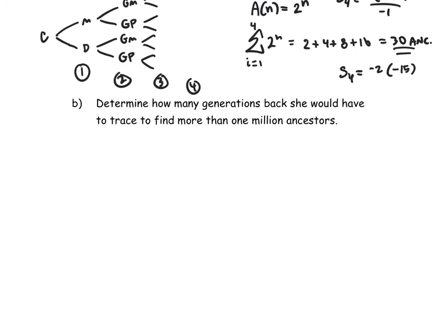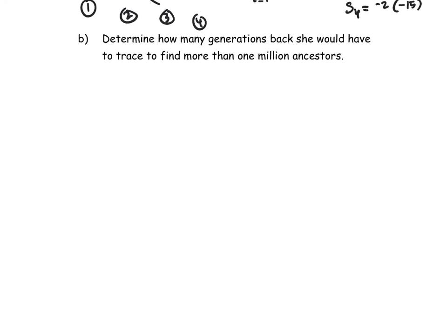Okay, let's determine how many generations back she would have to trace to find more than 1 million ancestors. Keyword here, more than, not equal to, more than. So let's find out when it's equal to. Okay, so we want to know, whoops, one more 0. I mean, it's basically like my paycheck. Okay, we want to know when the sum of the first n generations is greater than 1 million.